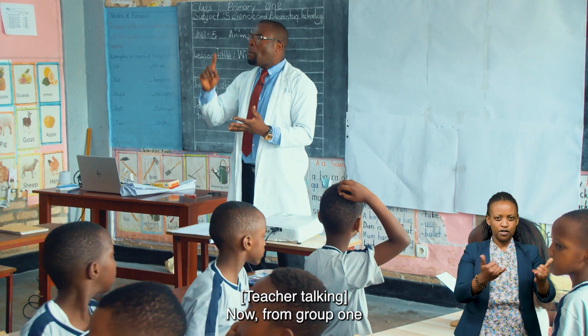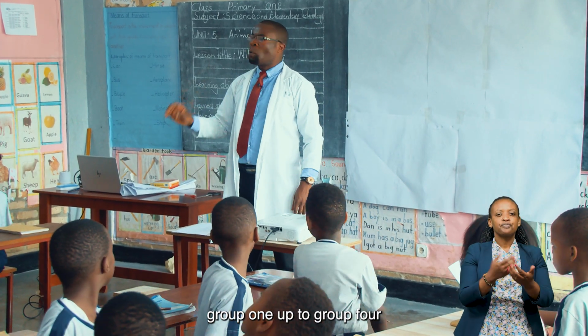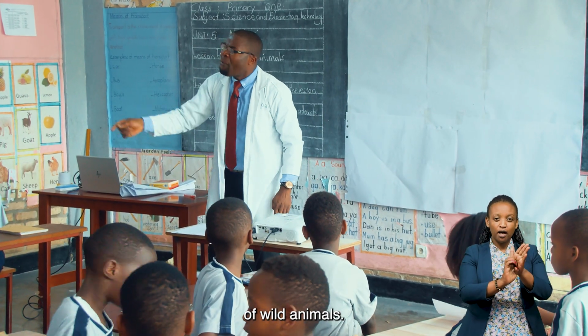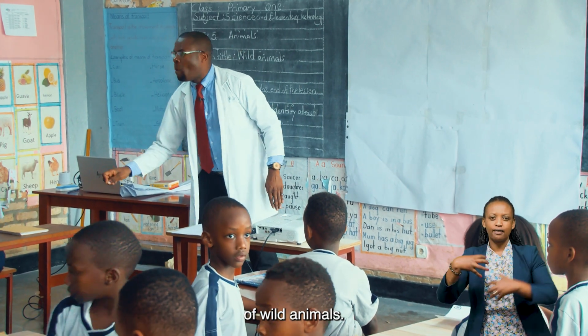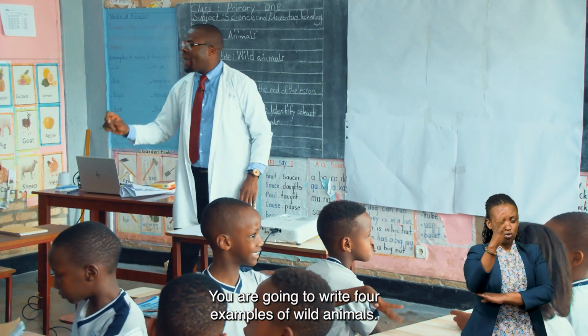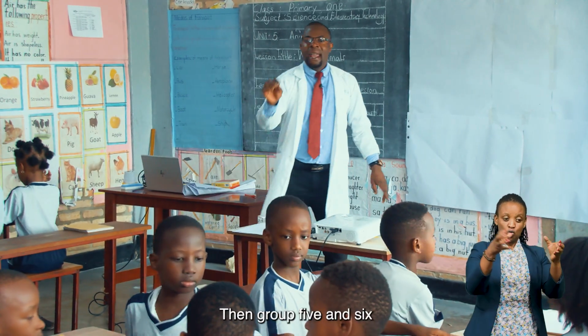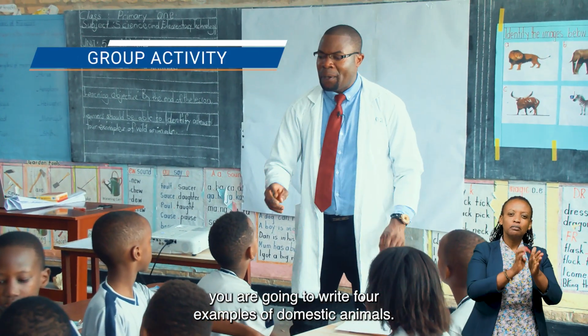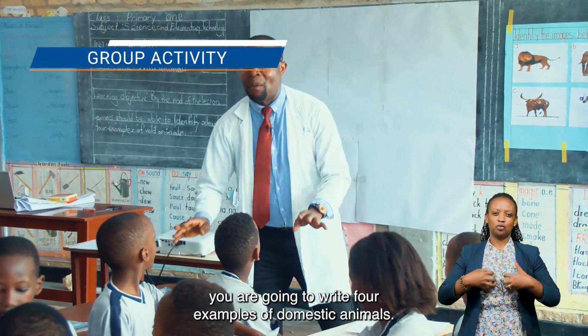Now, from group 1 up to group 4, you are going to write 4 examples of wild animals. Then group 5 and 6, you are going to write 4 examples of domestic animals.